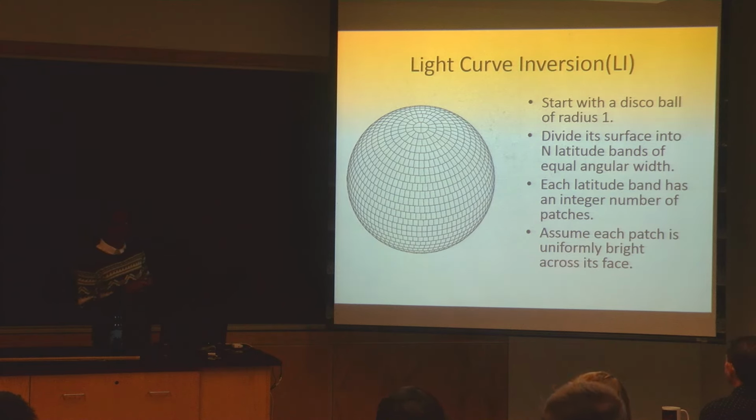Basically, what this algorithm does is it takes a sphere, or a disco ball, if you will, of radius 1, and divides it into small patches of equal angular width. After you've done this, you also assume that each patch is uniformly bright across its surface.